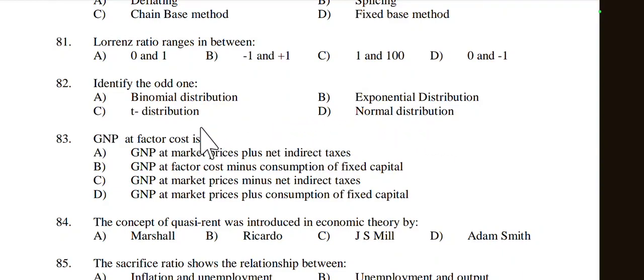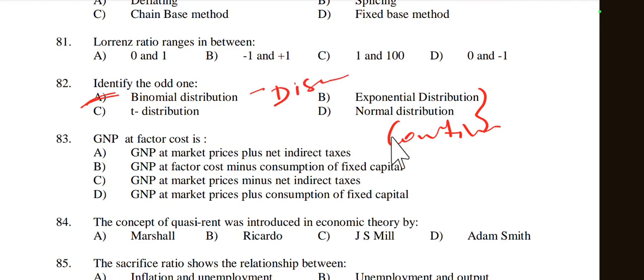The odd one is the binomial distribution, because it is a discrete probability distribution, while the exponential, t and normal distributions are all continuous probability distributions. So option A, binomial distribution, is the odd one here.